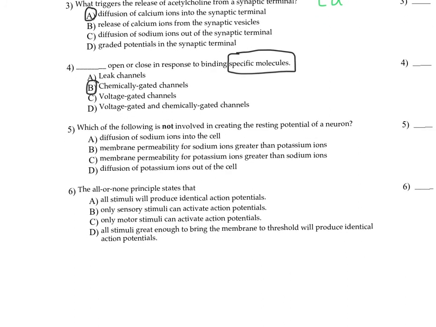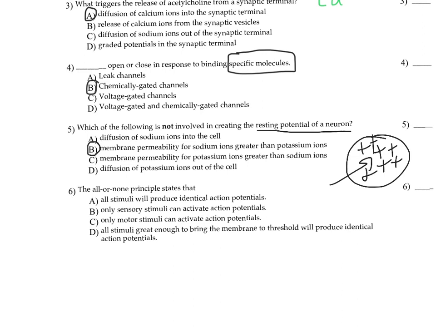Which of the following is not involved in creating the resting potential of a neuron? So we went over the resting potential. Which one of these is not true? Which one doesn't cause it? The membrane permeability for sodium is greater than potassium. What that is saying is that more positive charges are coming in than going out.